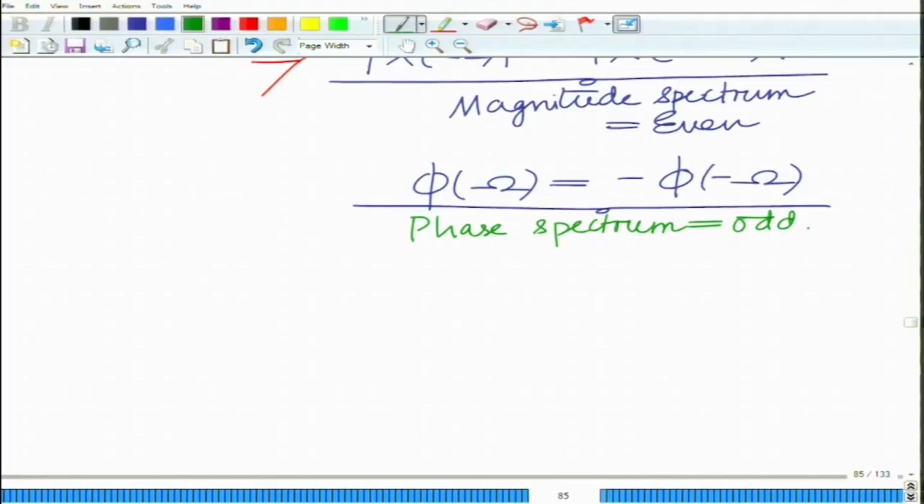Okay. And further, a brief note about the convergence. It is also interesting to look at the convergence.